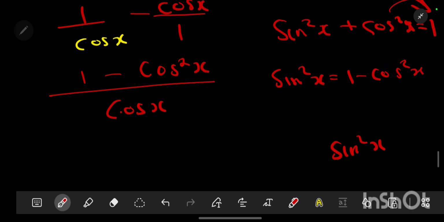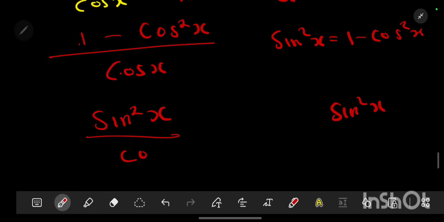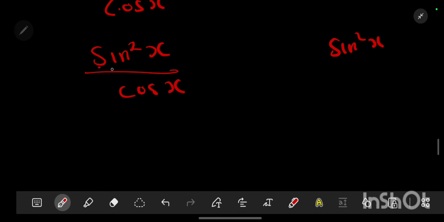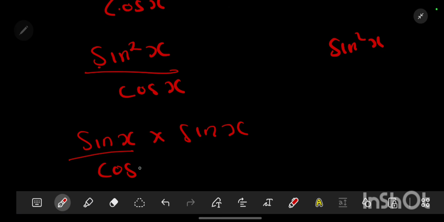So this will give us sine squared x over cos x. So we can separate it by saying this is the same as sine of x times sine of x over cos x. Now there is only one cos of x.